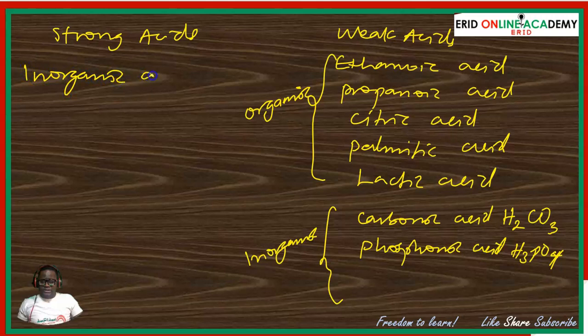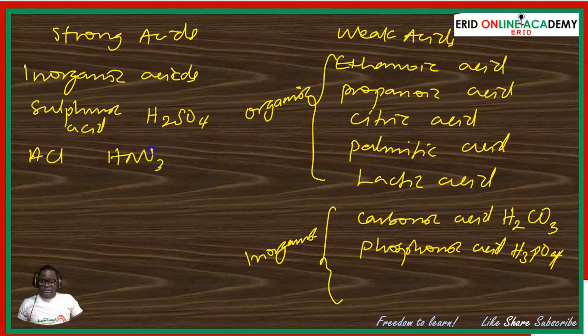Your sulfuric acid, H2SO4, is a strong acid. Hydrochloric acid is a strong acid. Your nitric acid is a strong acid. So these are great examples of weak acids and strong acids.